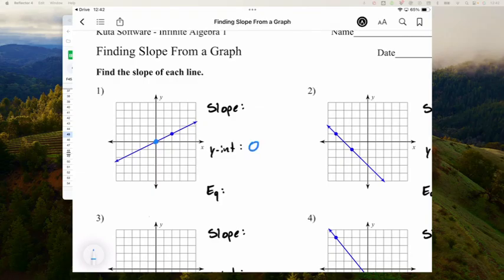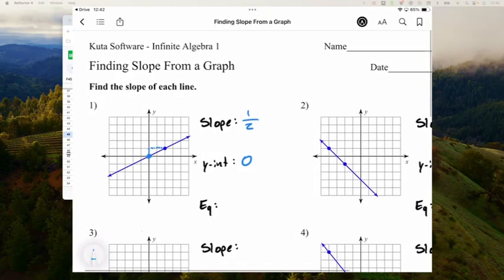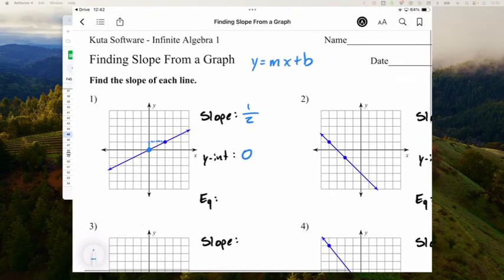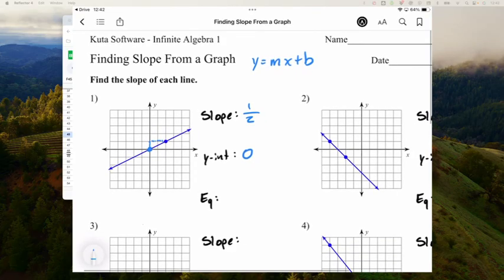The slope from one point to the next is up 1 to the right 2, so 1/2. Every single line that we ever write an equation for is going to follow this pattern. This pattern is called the slope-intercept form, and it is written out as y equals mx plus b.